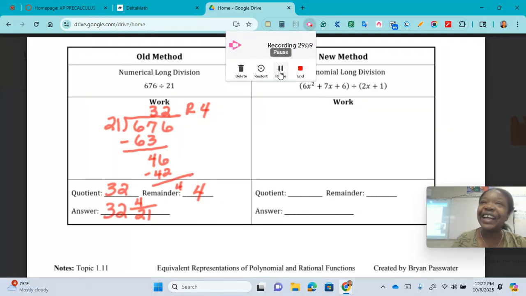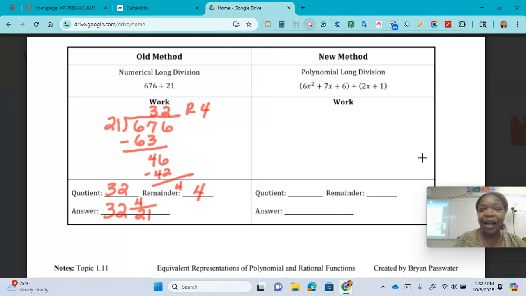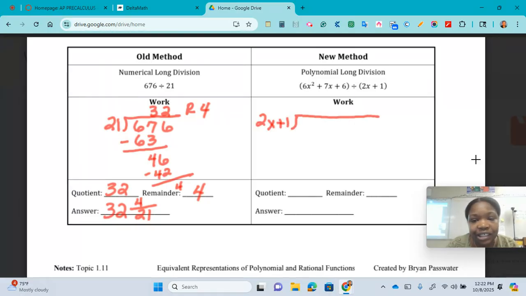We're going to do that same thing with polynomials. So we have 2x plus 1 on the outside, and we're dividing it into 6x squared plus 7x plus 6.